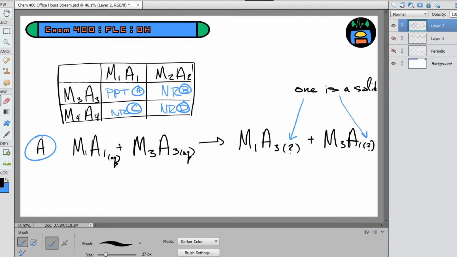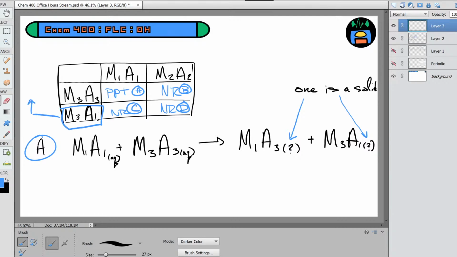Here, actually, I'm going to slightly alter the data in my table right here. I'm going to make the second one M3 and A1. All right, and here's the reason, because this is the type of logic that you're going to use. One of these is a solid, but you don't know which one. But you'll notice that you have M3A1 as a reactant in this thing.